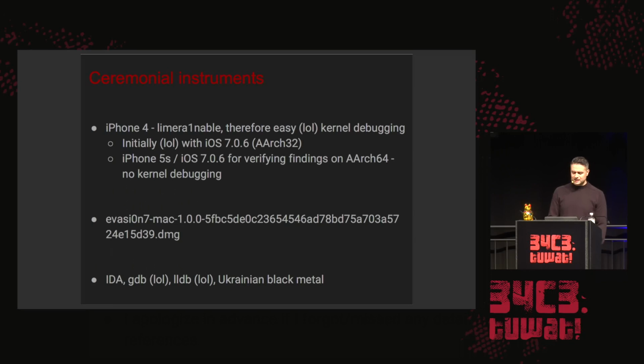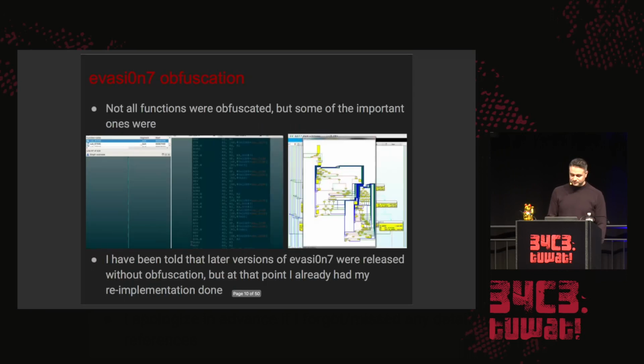So that's the exact version of iOS 7 I was analyzing. And of course, IDA, GDB, LLDB. Now, the lols in this slide, they don't actually refer to something funny. They actually mean something very painful, and that caused a lot of sleepless nights. But I'll get on to that.